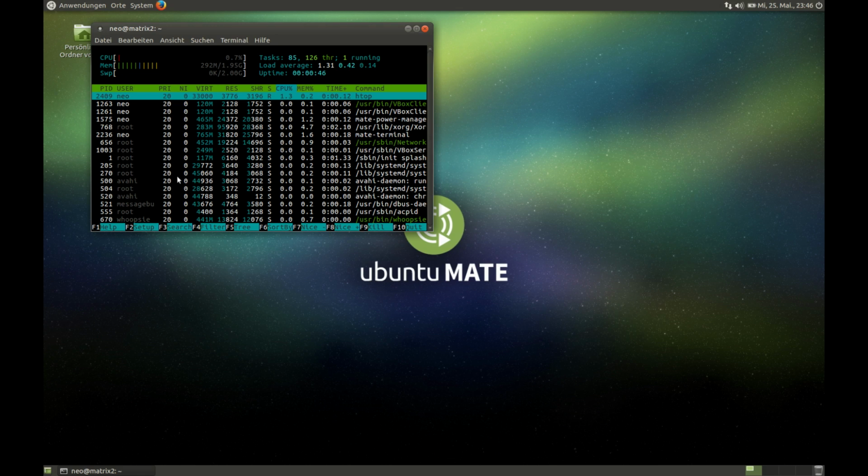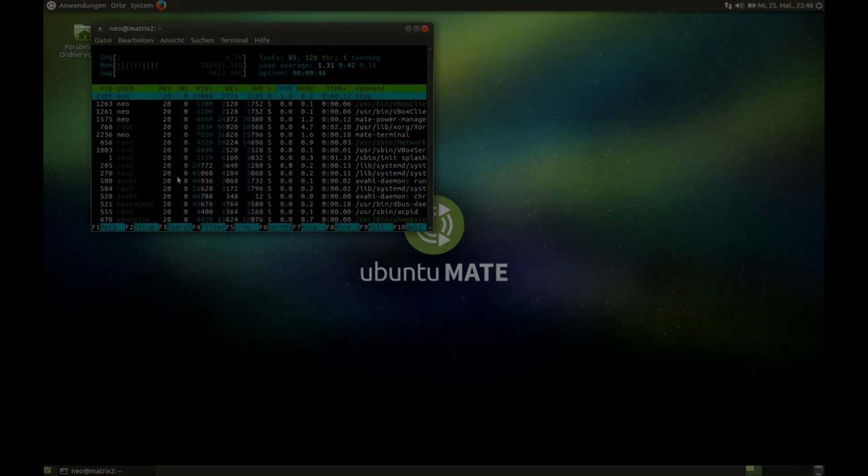The founder of Ubuntu Mate and Mate developer Martin Wimpress has announced that the next version of Mate and Ubuntu Mate will be based on GTK3 libraries. I think this is the right decision, and this will help to keep the Mate desktop up to date. I asked the Ubuntu Mate team if this will blow up the memory usage, and they answered that there will be only a little bit more overhead with the new libraries.